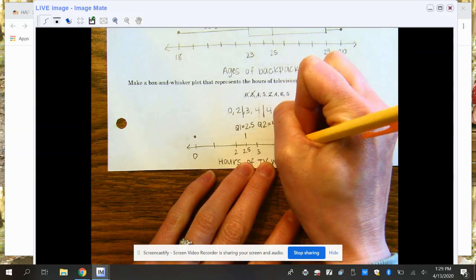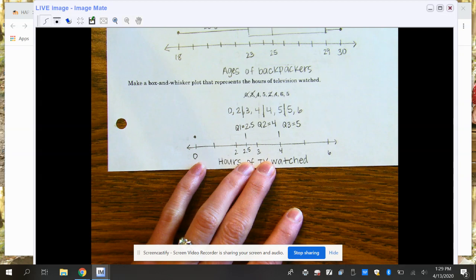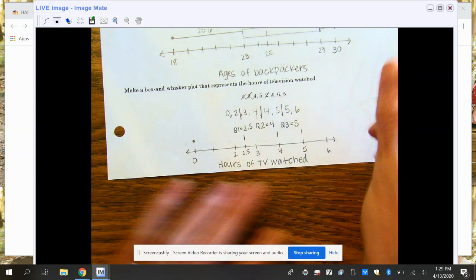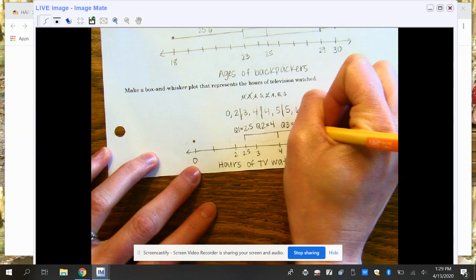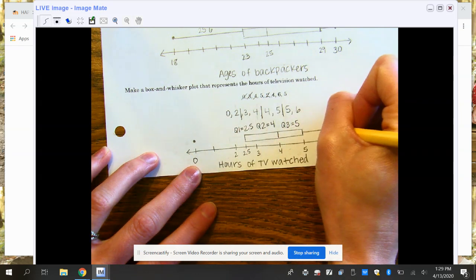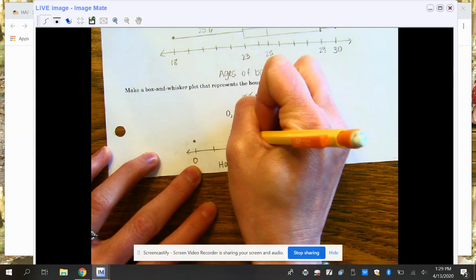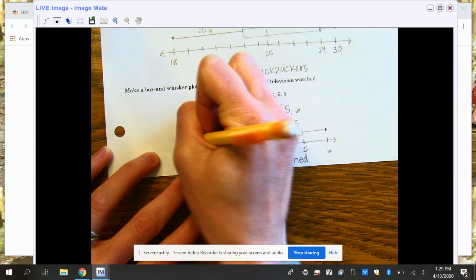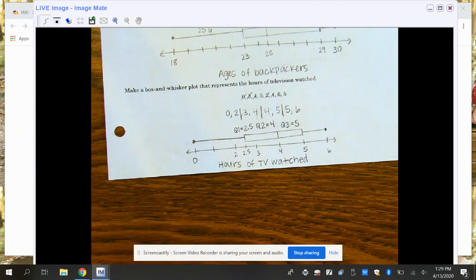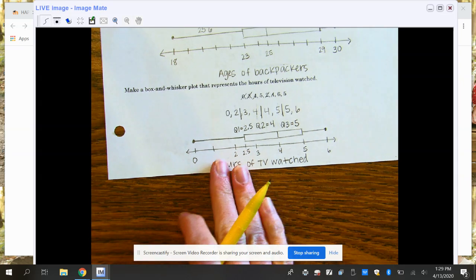And then Q2 is 4, so I'll draw that line there. And Q3 is 5. So I'll draw that line there. I'll connect my boxes. Go out to my maximum, and then go down to my minimum. Okay? And so there would be my box and whisker plot for this.